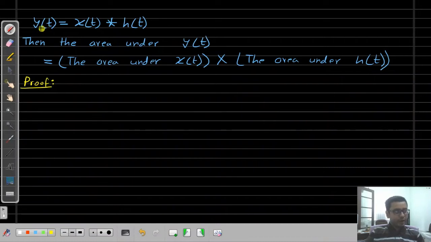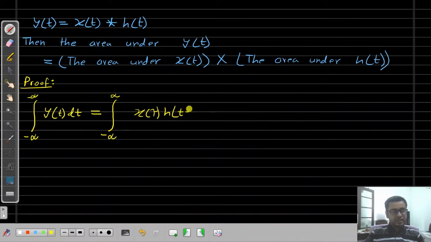The area under y(t) is the integration from minus infinity to plus infinity of y(t) dt, and this can be written as, in place of y I will write the formula for convolution, which is x(tau) h(t minus tau) integrated from minus infinity to infinity.